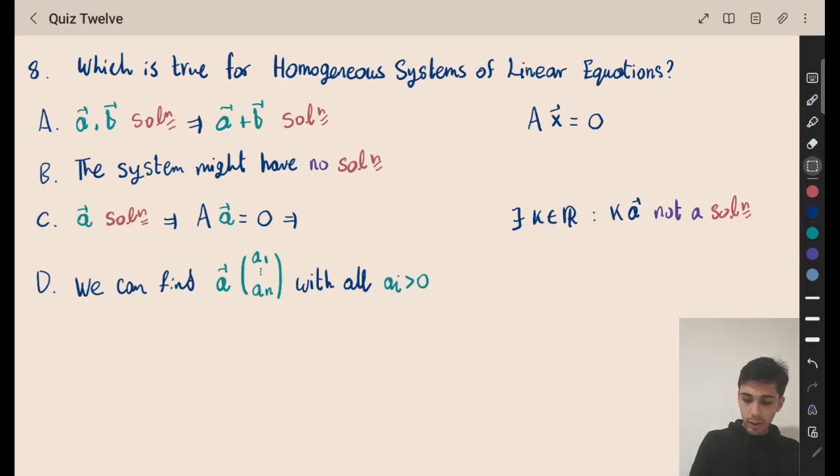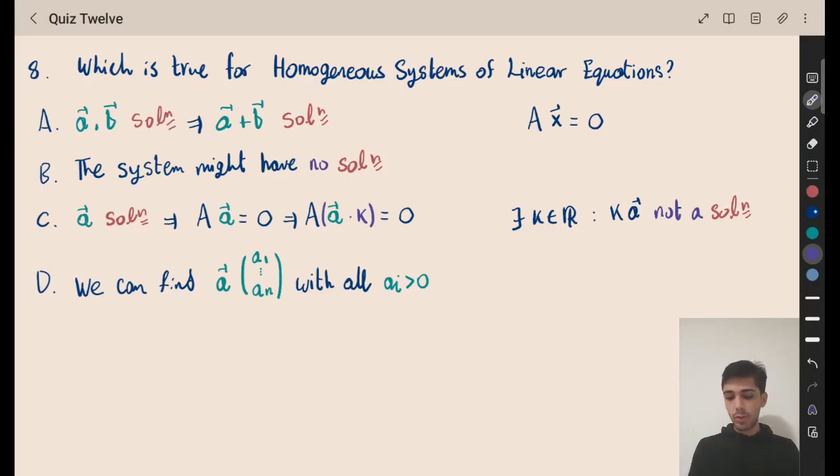Because if we take a look at, for example, A, and let's say we scale it by some constant K, then we have a scaling of the vector. We scale the vector and then we apply the matrix. Remember, the matrix is what? It's a map, and it's a linear map. A matrix is a linear map.